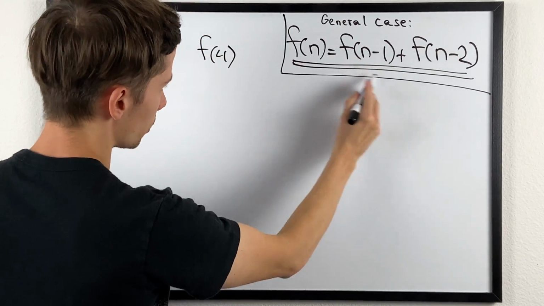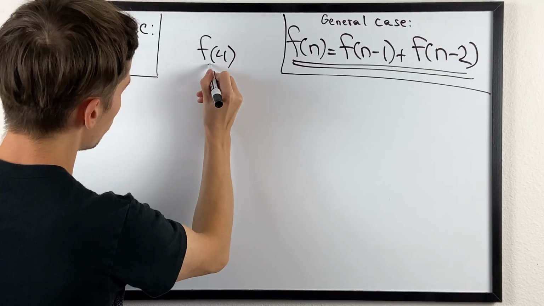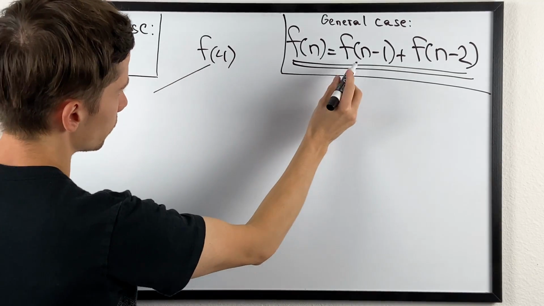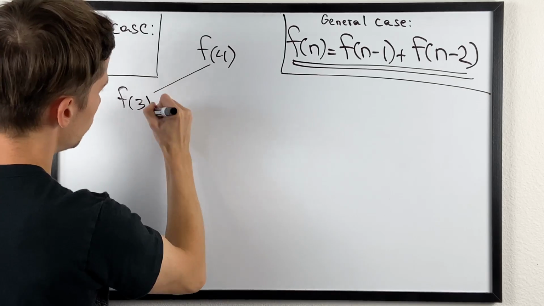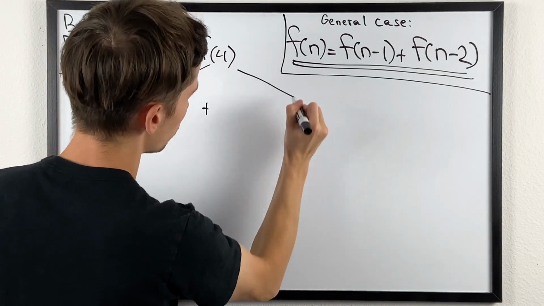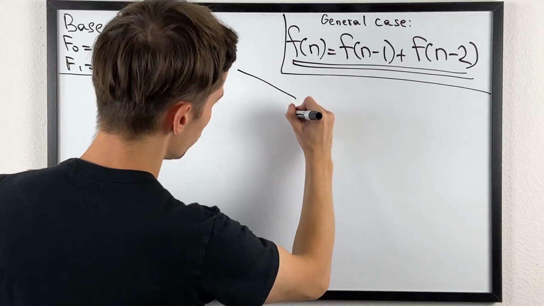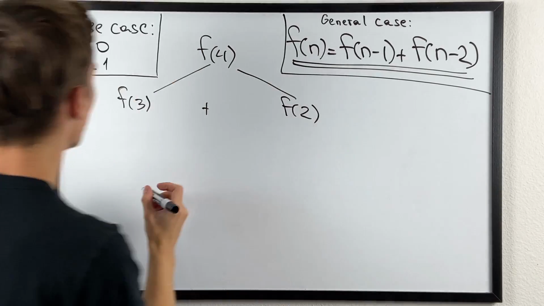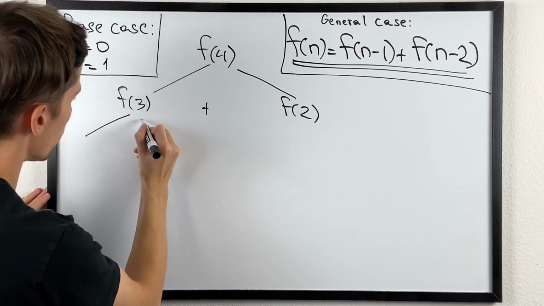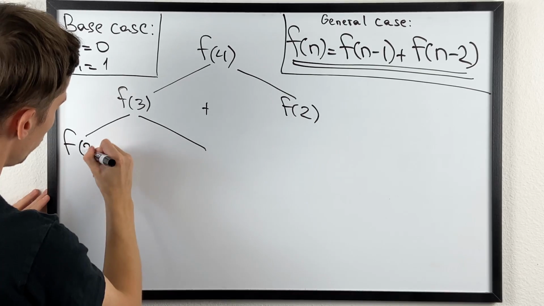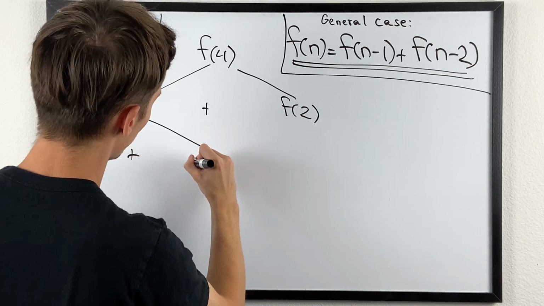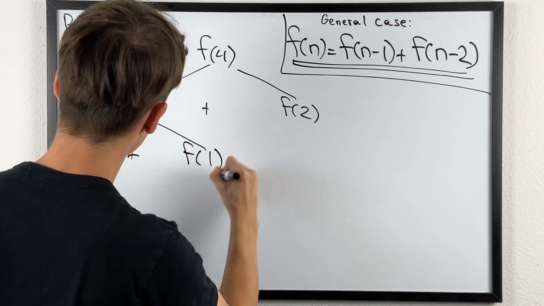According to this formula, this will be equal to Fibonacci number of 4 minus 1, 3, plus Fibonacci number of 4 minus 2, 2. Now Fibonacci number of 3 equals Fibonacci number of 2 plus Fibonacci number of 3 minus 2, 1.